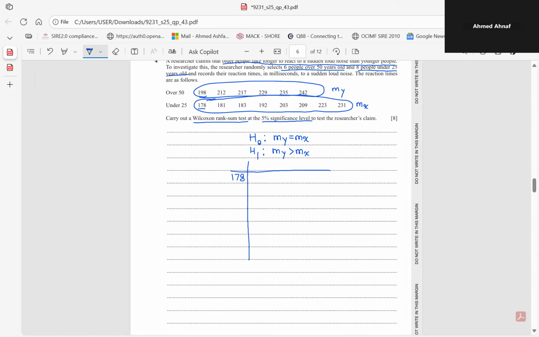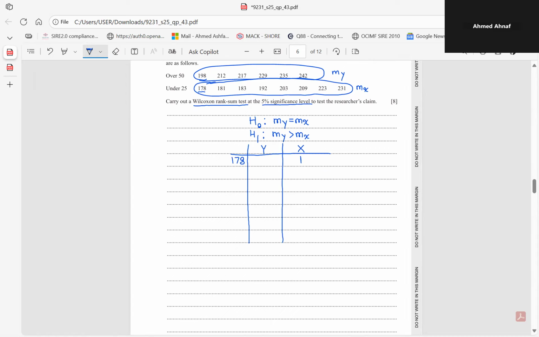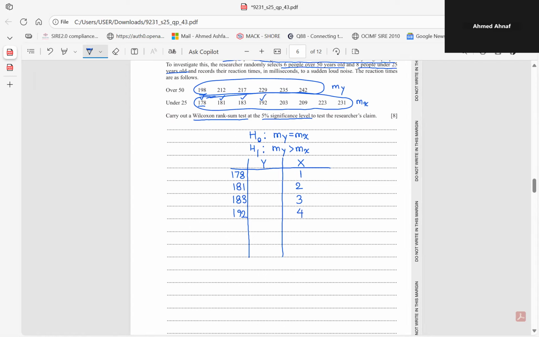Let's also write down whether the population belongs to Y or X. So 178 is from X, so this is number 1. Put a tick mark. 181 is 2, also a tick mark. 183 is 3, and 192 is 4. And then over 50, we have 198.